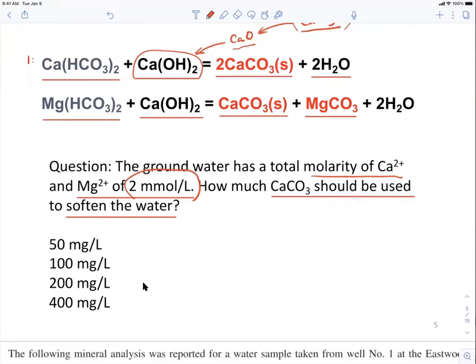Okay, so I see a tight race here. Okay, so it's either 100 or 200. All right, I'll stop here.